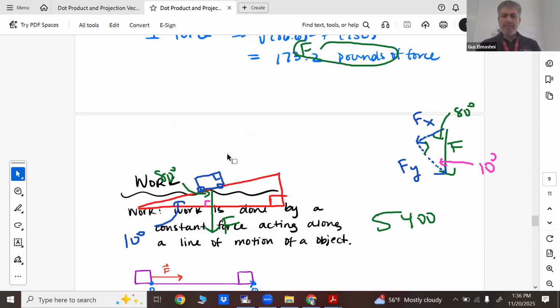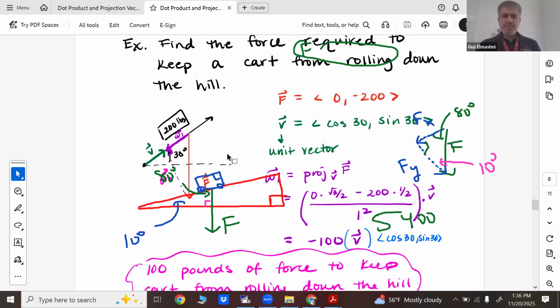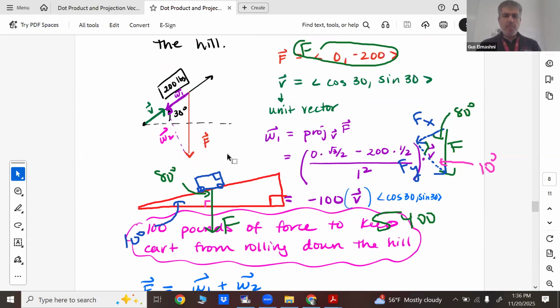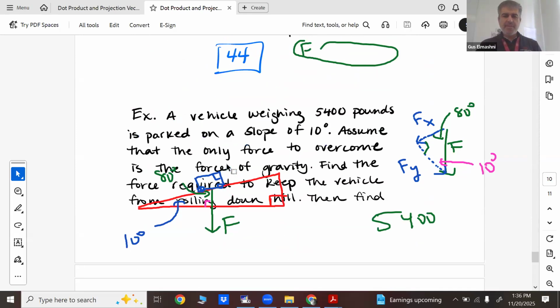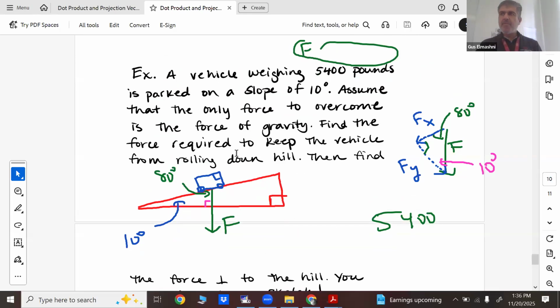Because of the X and Y. Hold on, that was 30. No, I have it right. I think you have to draw the triangle the other way.